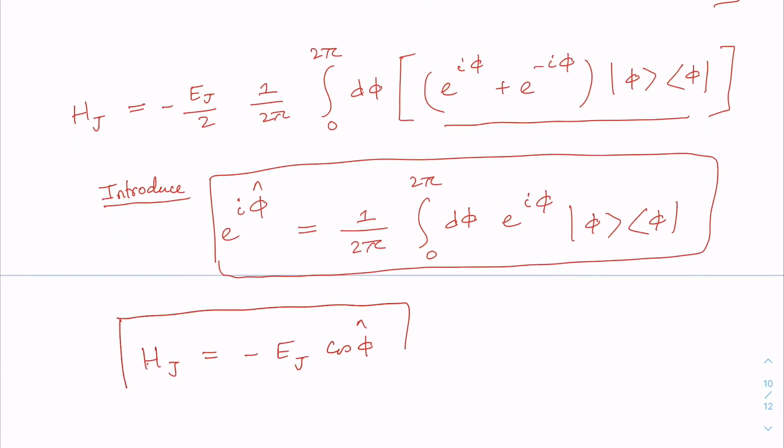Alright, so this is another way to express the tunneling part of the Hamiltonian, or the Hamiltonian for the Josephson element.